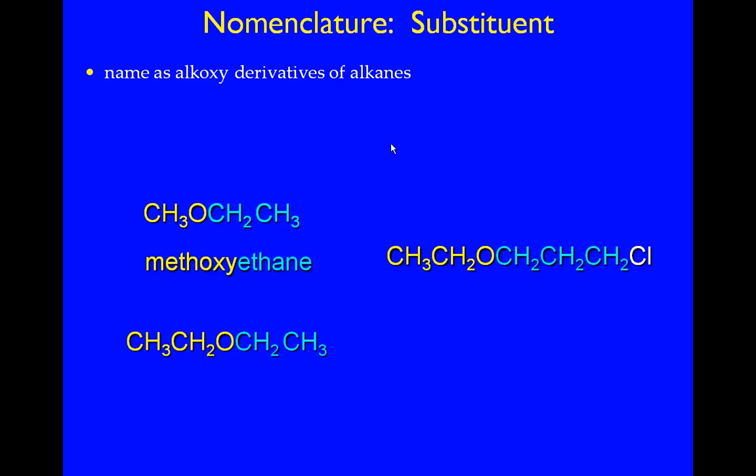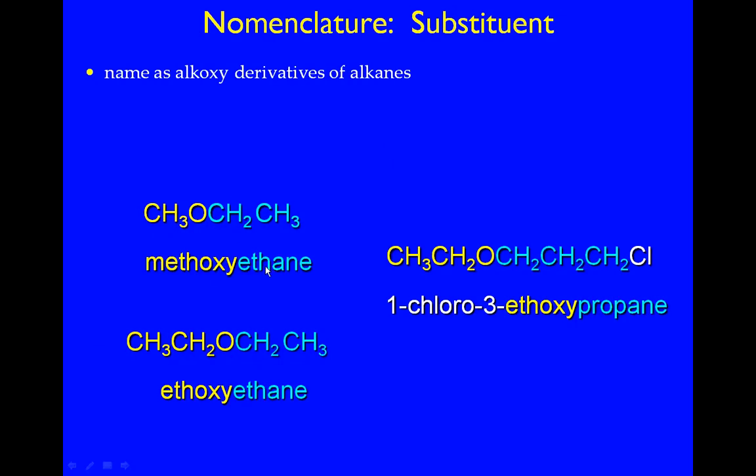If you want to name it in the IUPAC version, you have to follow this. Methoxyethane is the other way of naming this ether. Otherwise it was ethyl methyl ether, right? So you can name them as alkoxy derivatives of alkanes. You are treating ethane as the parent molecule, and you are regarding this as a substituent.